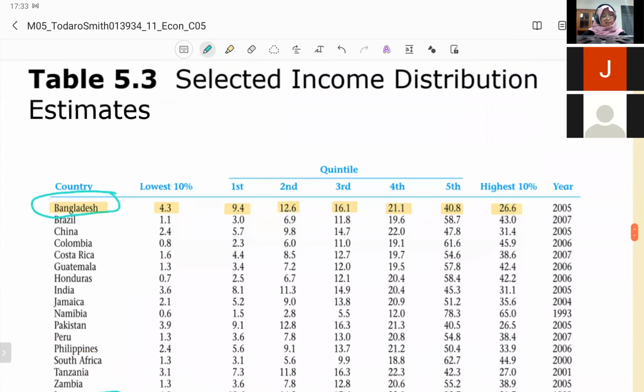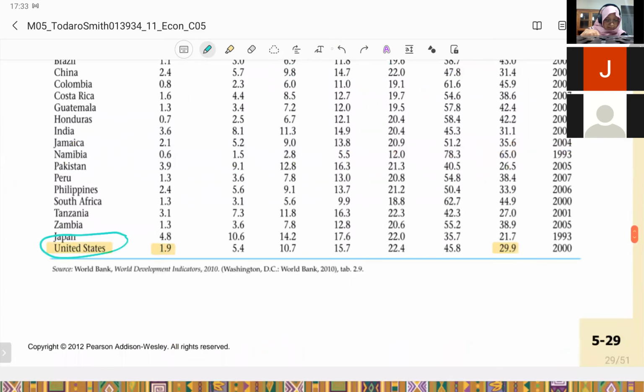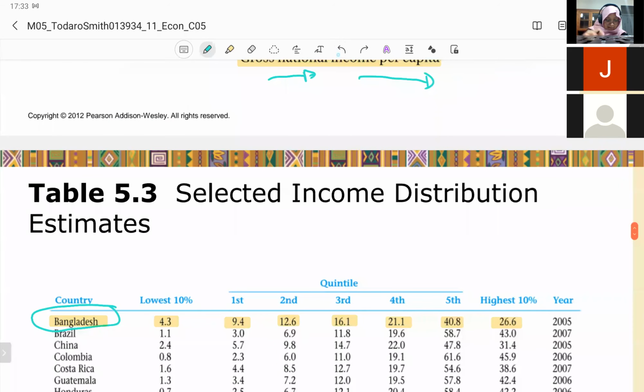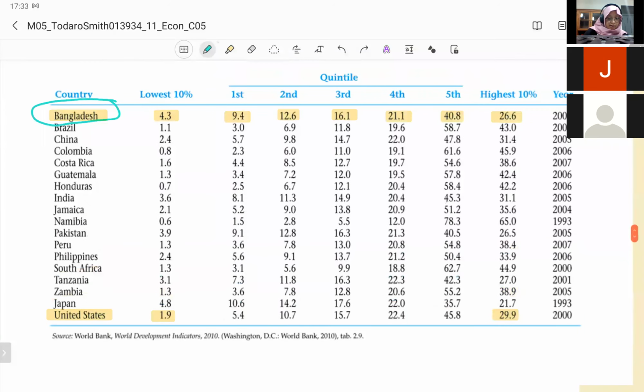Okay, let's take a look at another example. Let's take a look at Japan here. So the lowest 10% of the population in Japan owns almost 5% of the income.